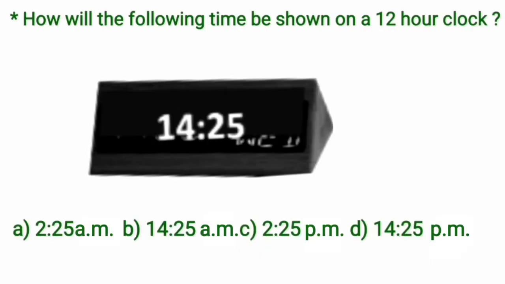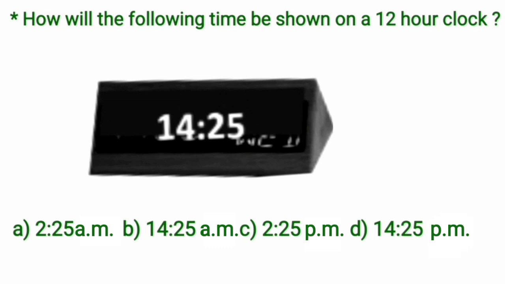Now, the next question is, how will the following time be shown on a 12-hour clock? Children, here we have been given the time according to the 24 hours clock and we have to change it into 12 hours clock. It's 14:25.